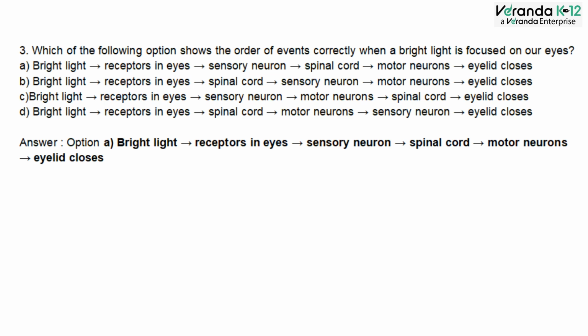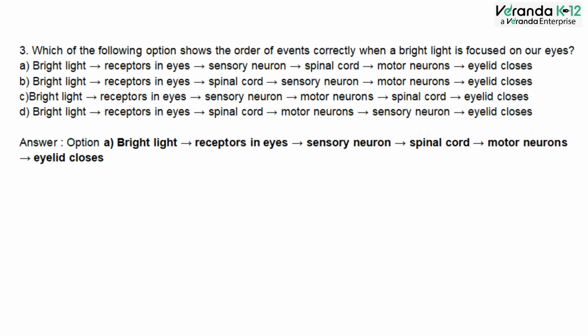Question number 3. Which of the following options shows the order of events correctly when a bright light is focused on our eyes? Explanation is, when a bright light enters our eyes, it is first detected by receptors present in the retina of our eye. These receptors send the signal through a sensory neuron to the spinal cord, where the information is processed.